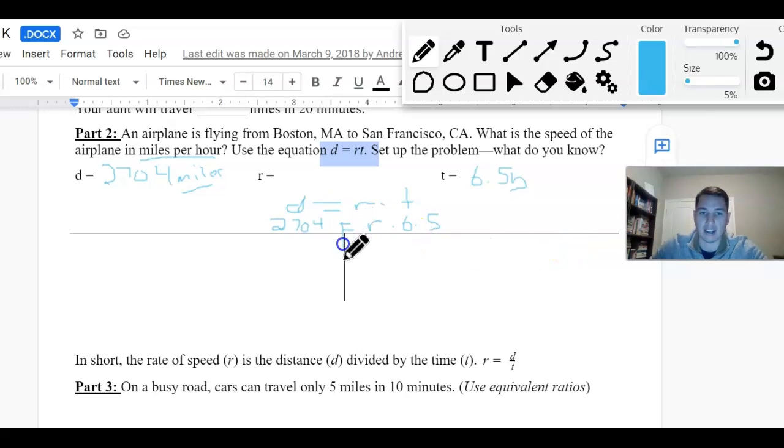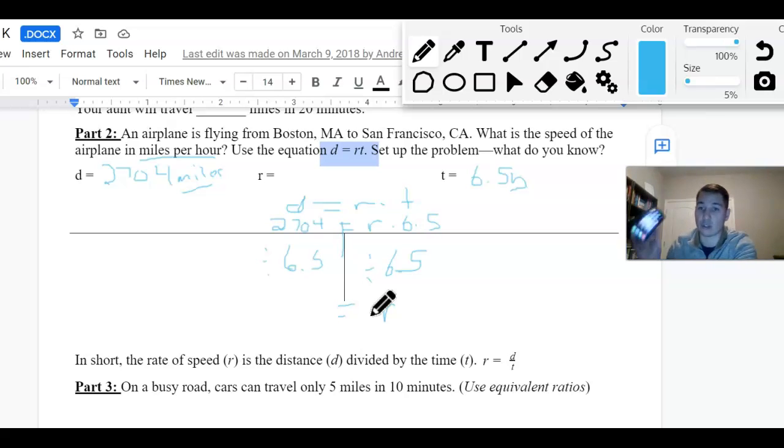All right, here you get to use the T-chart. What are we going to do? Yes, we are going to divide by 6.5. That is a divide. Whatever we do to one side, we must do to the other. Okay? Rate equals 2,704 divided by 6 and 5/10.